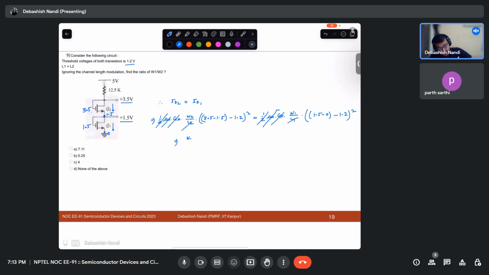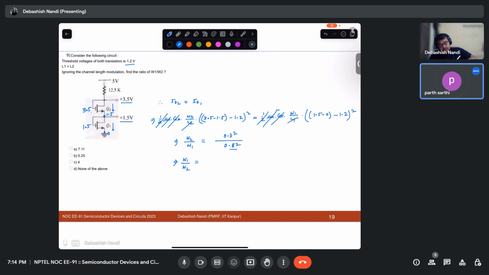So you have W2 by W1 is equal to, here you have 0.3 square. In this case you have 2 minus 1.2, 0.8 square. Is it okay? It is 0.8 square, right?